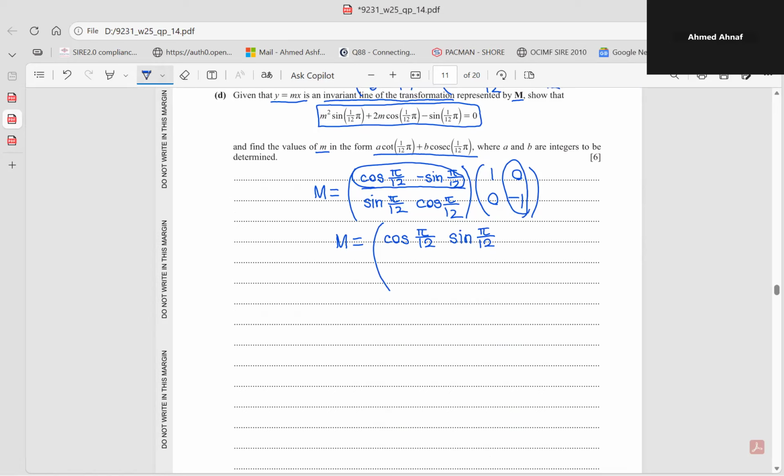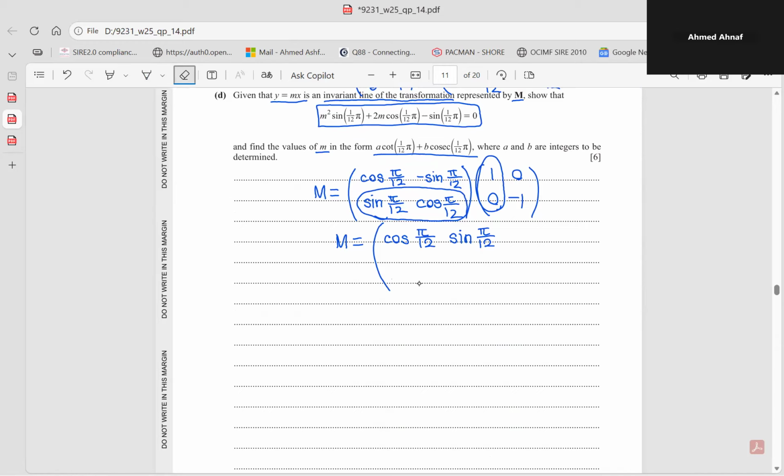All right. And then for the element at the bottom left corner, you multiply the elements in the second row of the first matrix times the first column of the second matrix. So sine pi over 12 times 1, that's sine pi over 12, plus cos pi over 12 times 0, that's 0.